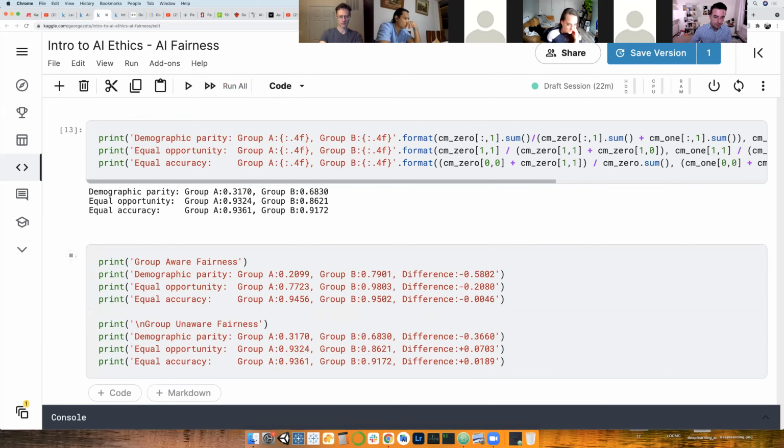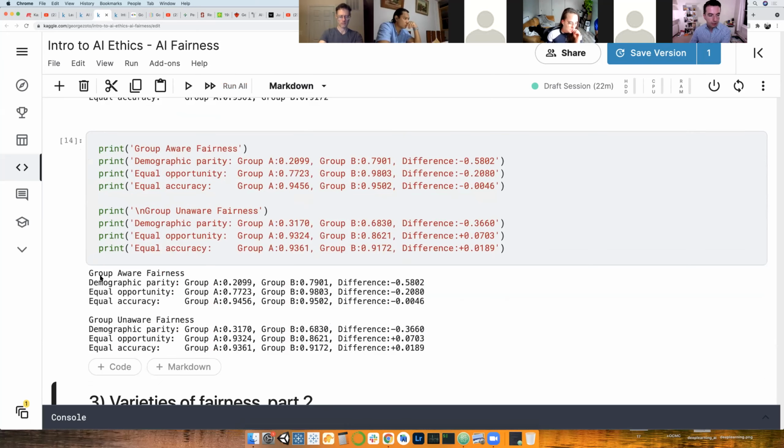Yep, there it is. So when we had the group field, these are the metrics, and I also plotted this difference here to show you that we are favoring group B significantly. I'm doing the difference between a metric of group A with group B. So we're at -0.5, -0.2, -0.004.